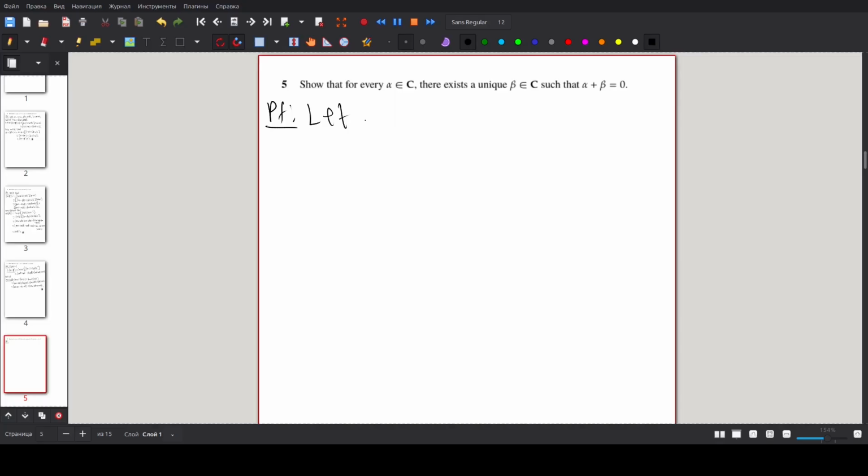So we're going to let alpha, we already know it's a complex number, equal a plus bi, where alpha, beta, a and b are in the real numbers, okay? So since a and b are real numbers, that means the additive inverses of a and b exist.